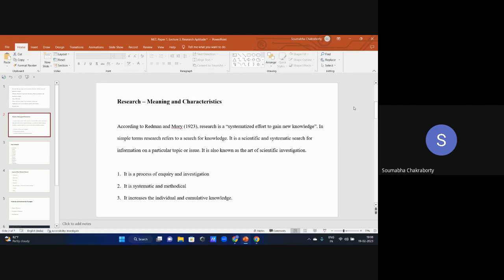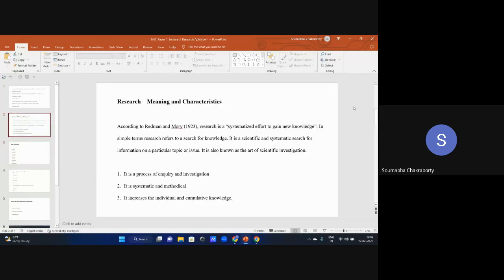It is a scientific and systematic search for information, not only information but knowledge as well, on any particular topic or issue. It is also known as the art of scientific investigation. So we can say that research is a process of inquiry and investigation. It is systematic and methodical, and it increases the knowledge among the individual and the general population.